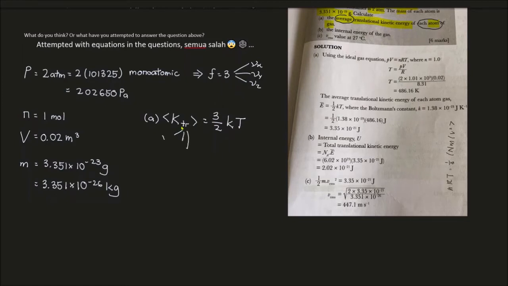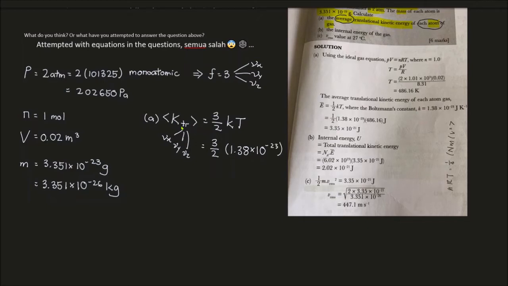So translational motion means you can either move in the X, the Y, or the Z direction. Therefore, the equation should be 3/2 kT. K is the Boltzmann constant, not the spring constant, not the thermal conductivity. This is chapter 13. Okay, so 3/2 Boltzmann constant will be 1.38 times 10 to the power of -23.